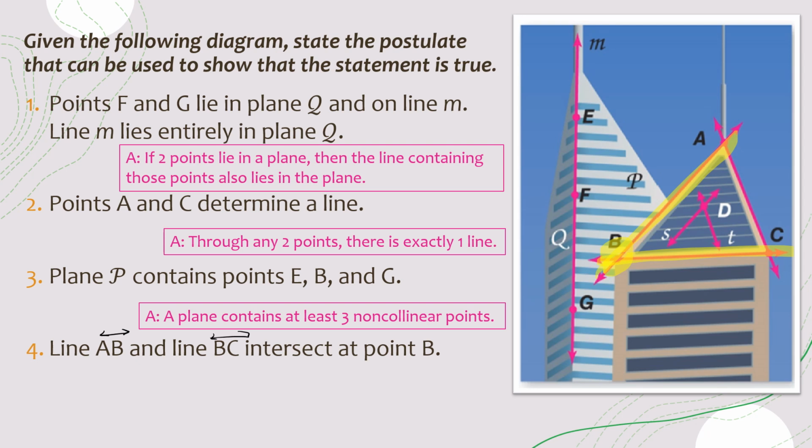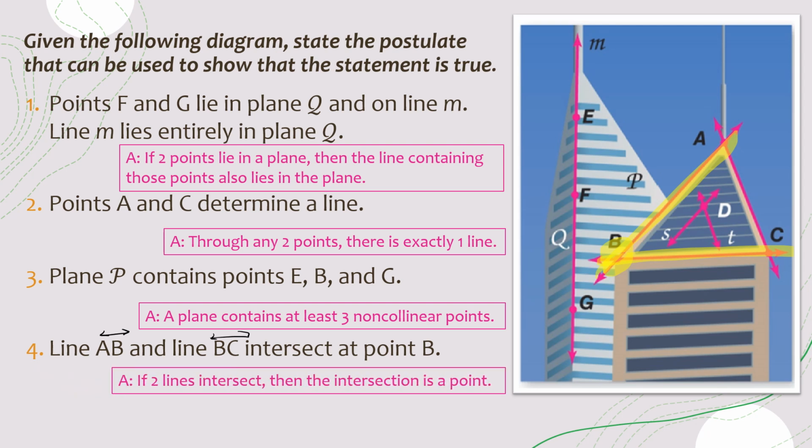Hopefully it's not missing elsewhere. In any case, we're going to use the postulate that if 2 lines intersect, they must intersect in a point. We know it's point B and not some other point because B, based on the name here, is clearly on both lines. So that's got to be the one shared point between the 2 lines. In other words, their intersection.